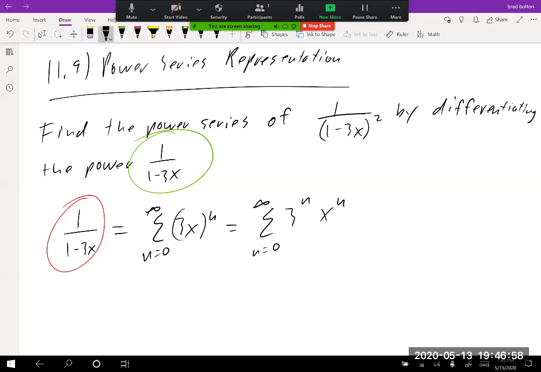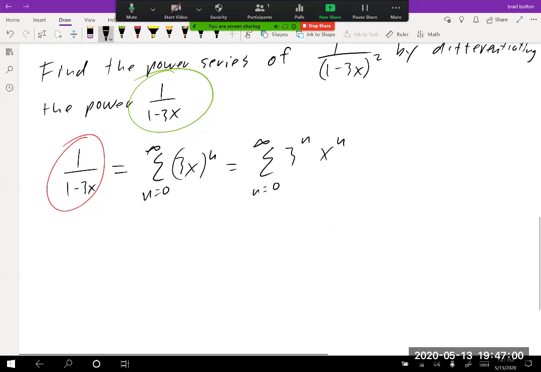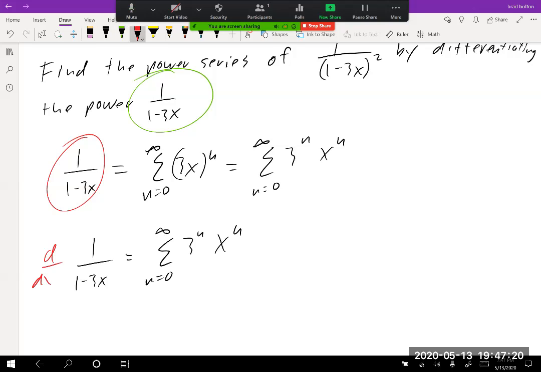So we have that. So now I can say that 1 over 1 minus 3x is equal to the summation n equals 0, 3 to the n, x to the n, somewhere, right? We know that it's going to be a good representative somewhere, we think. All right, so now I'm going to take the derivative of both sides. I'm going to d/dx both sides.